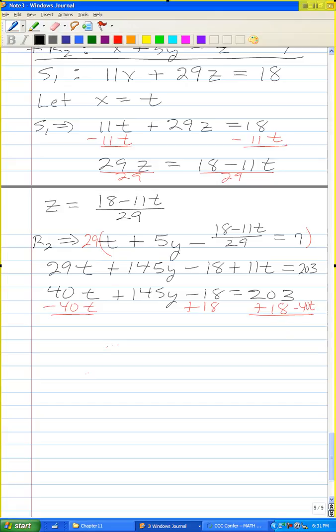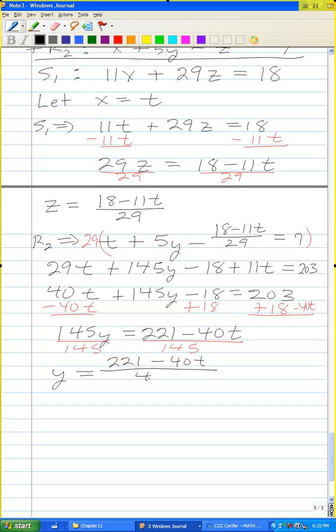And so you get 145y is equal to 221 minus 40t. Divide both sides of your equation by 145. And so you get y is equal to (221 minus 40t) over 145.